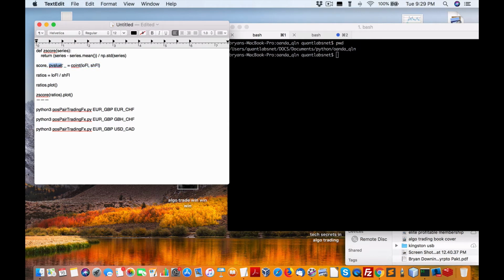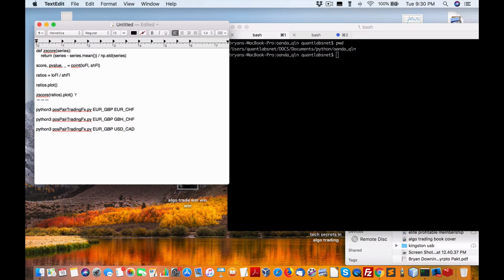Once you find your p-value, you're going to create your ratio spread between the long closing and the short closing. If you're asking about what FL is, it's a float, a decimal number basically. From there you can plot the ratio. That's the first plot you'll see when I run these combinations.